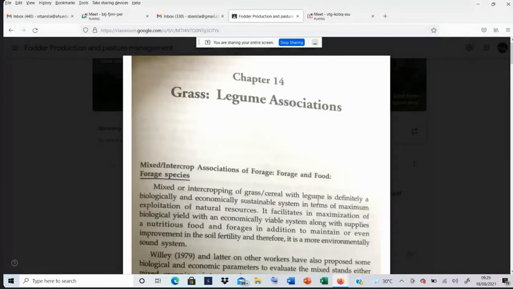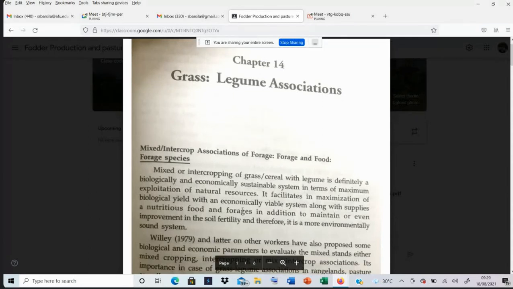Okay, then in mixed forage cropping systems, the grass-legume association is very important, because it has many advantages for land coverage, protein yield, biomass yield, and overall forage quality.